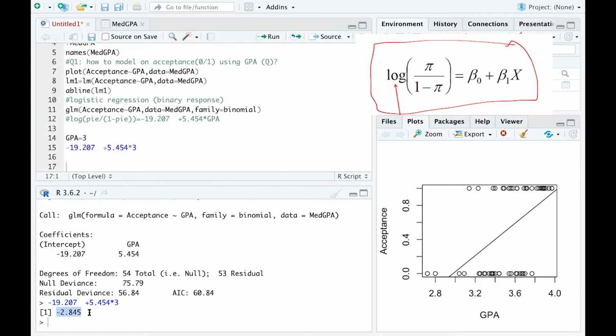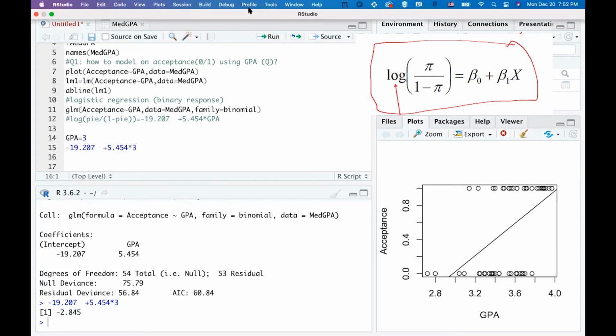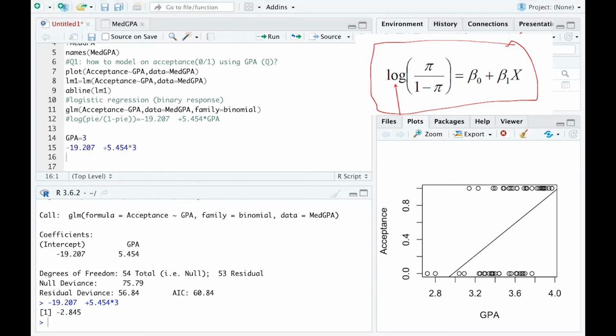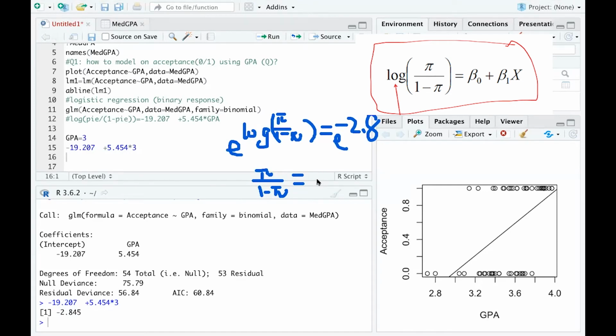And if you get that value, then you can continue. Let me write down what we can do here. So if you have log pi over 1 minus pi equals the value negative 2.8, then you know if you take exponential on both sides, you are getting pi over 1 minus pi equals e to the power negative 2.8.